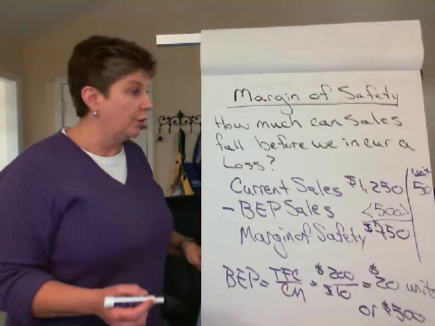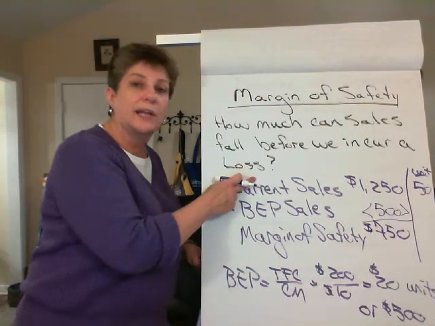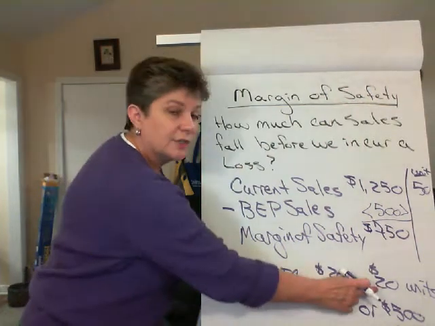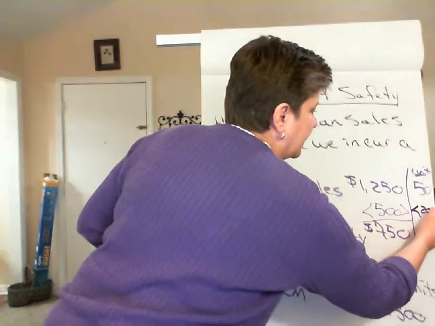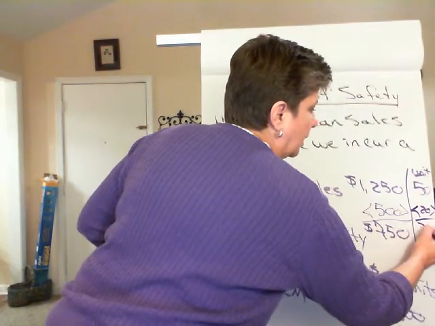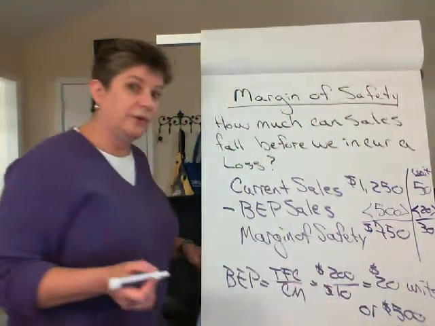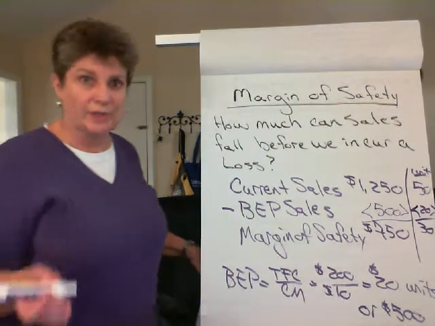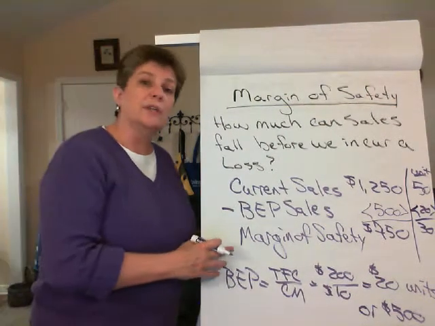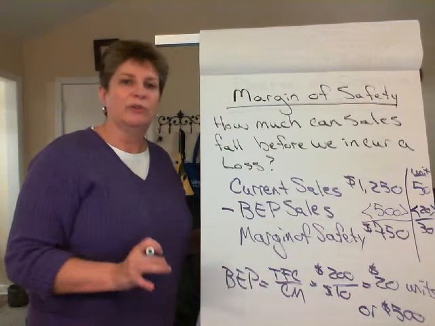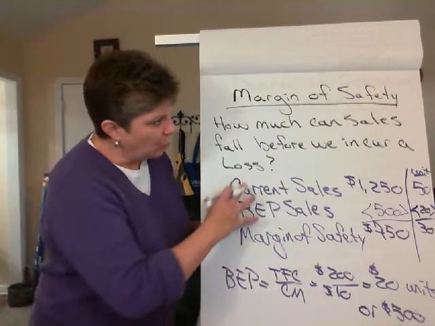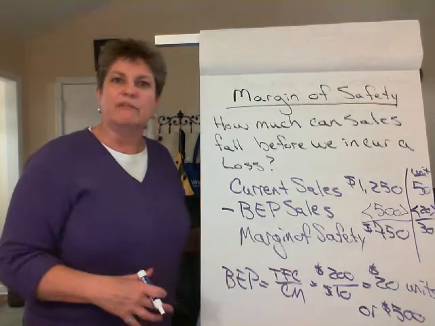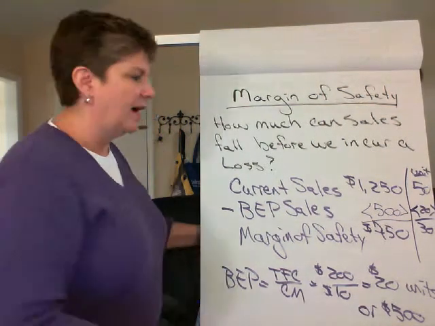Or on a unit basis, currently we're selling 50 units. Break-even sales is 20 units, so 50 minus 20, we could sell at the current price and variable cost and fixed cost, 30 fewer units before we started incurring a loss. Now, we could also state this in terms of a percentage simply by dividing.